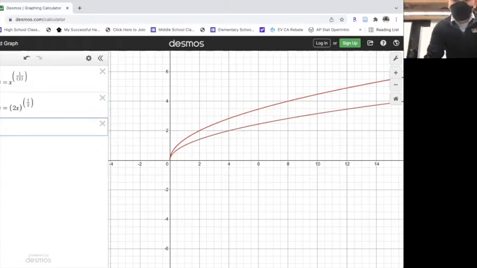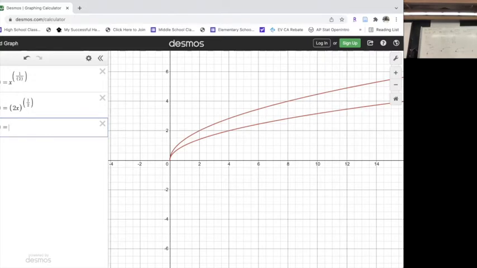Now the next one. What about a multiplier that is outside the root? What do you think? Is it going to stretch faster than the previous one, or a little bit smaller, but slower? Multiply by 2 right away.